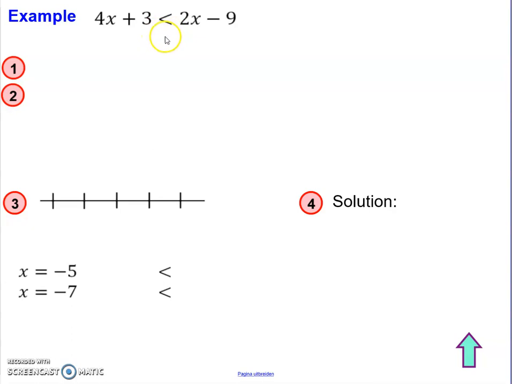So the only thing you need to do in step 1 is to remove this less than symbol and replace it with an equal symbol. So we're just going to look for the break-even point. When are they equal, the left and the right side? For which value of x are they equal?